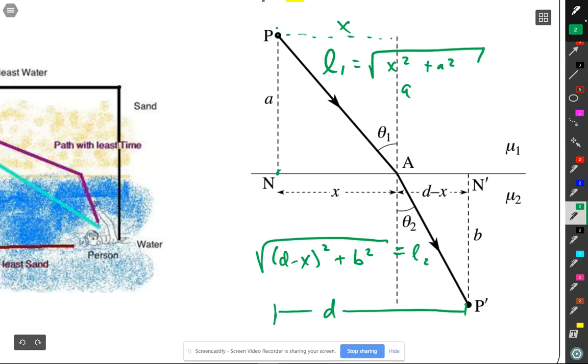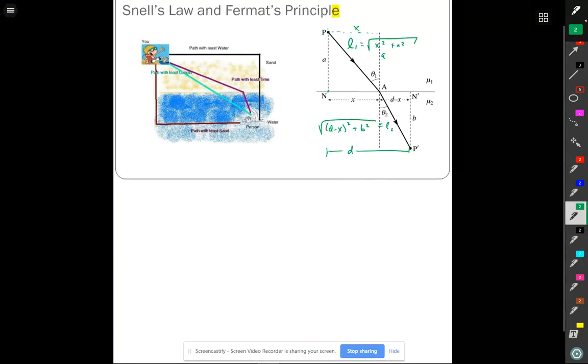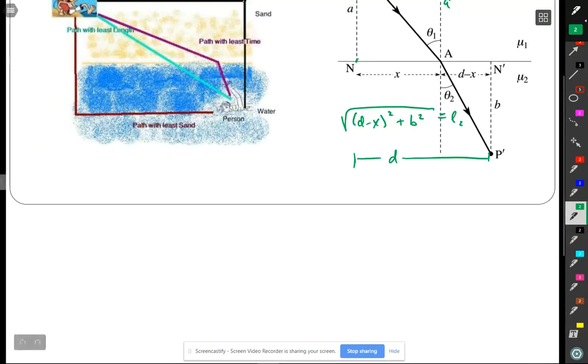Right, Pythagorean theorem again. Now, why did I find those? Because the time depends on the distance and the speed. So we want to find the total time. So time is equal to time 1 plus time 2, where time 1 is the time in medium 1, time 2 is the time in medium 2. And then I need to find what those are.